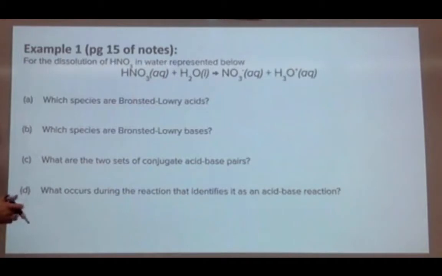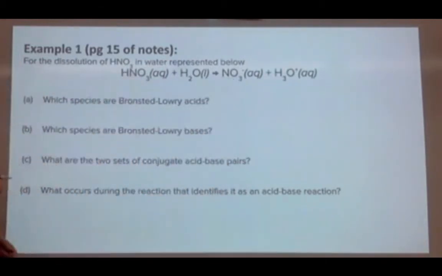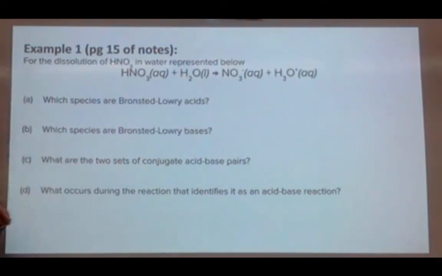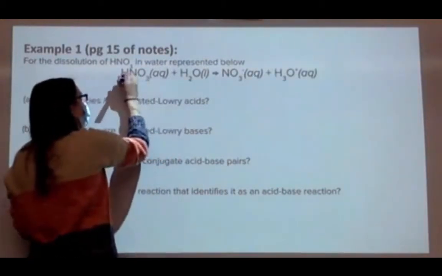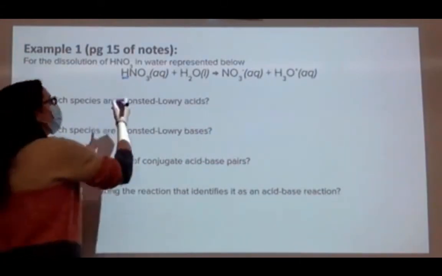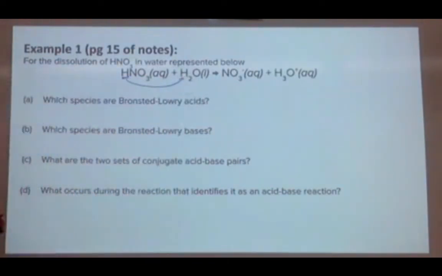I notice that HNO3 becomes NO3-. Then you ask yourself, what does HNO3 have to do to become NO3-? Well, HNO3 has to give up its proton, give up its H+. When we talk about protons, we're talking about H+. So HNO3 has to give up its H+.